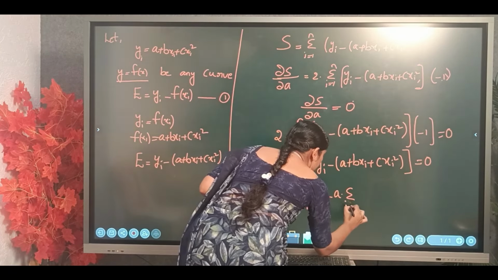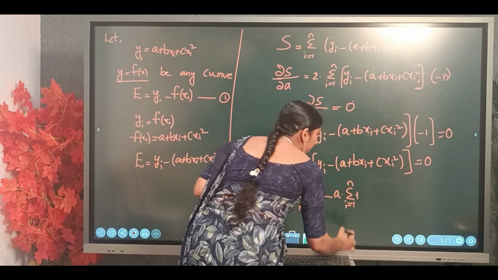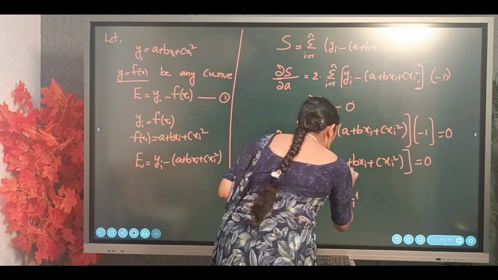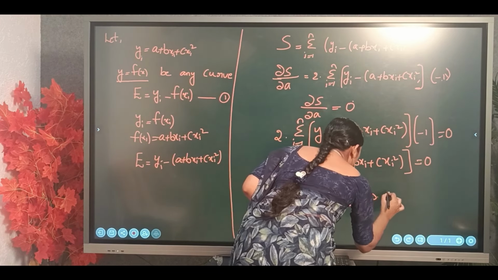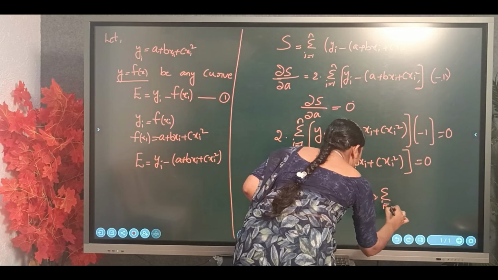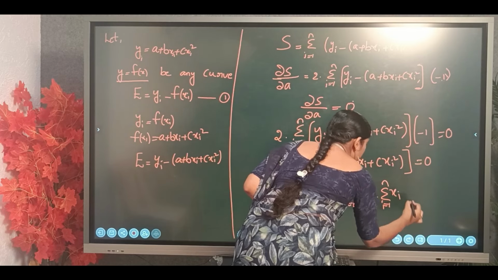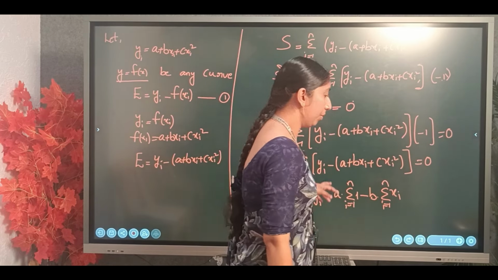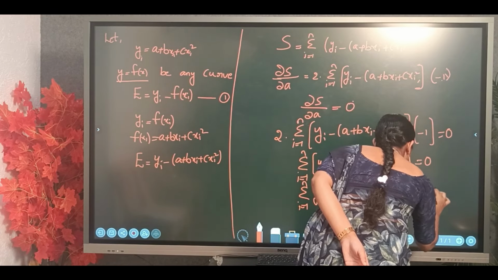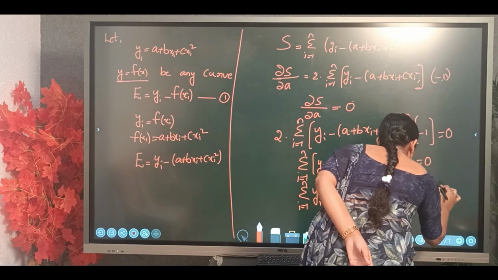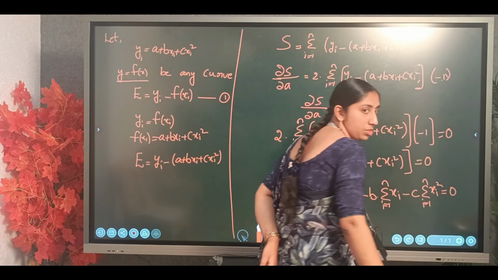Then summation i equal to 1 to n of 1. Next, minus into plus, we get minus b into summation i equal to 1 to n xi. And here also minus into plus, we get minus c into summation i equal to 1 to n xi square is equal to 0.